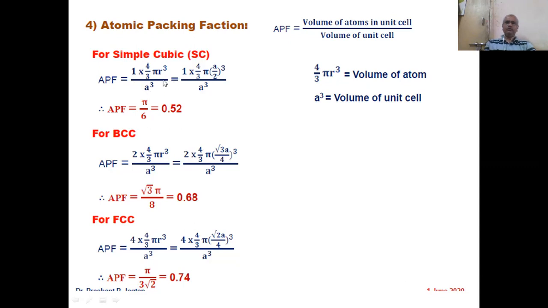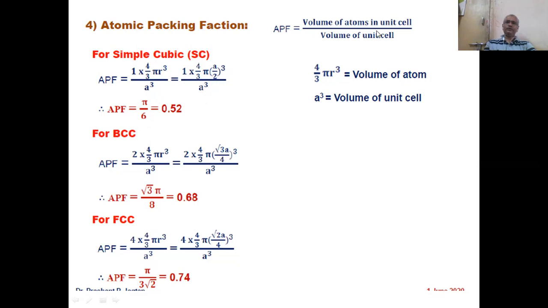Now, we know the relation between the atomic radius and lattice constant for simple cubic: r is equal to a by 2. Put the value of r equal to a by 2 in this equation. You will get 1 into 4/3 pi (a by 2) cube divided by a cube.